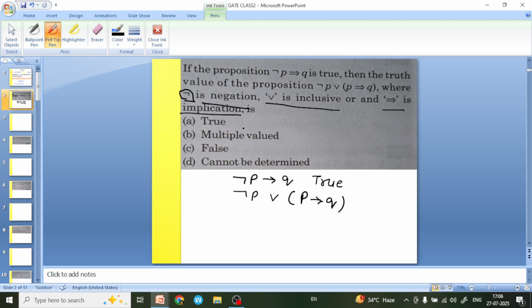Now we have to tell whether this is true, multi-valued, false, or cannot be determined.